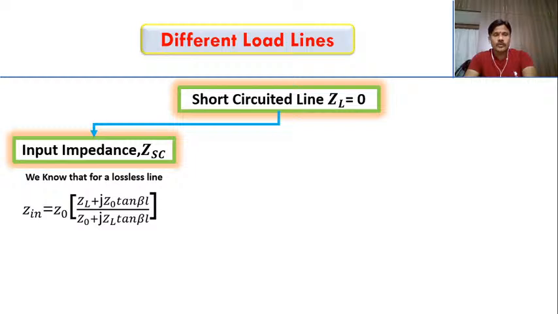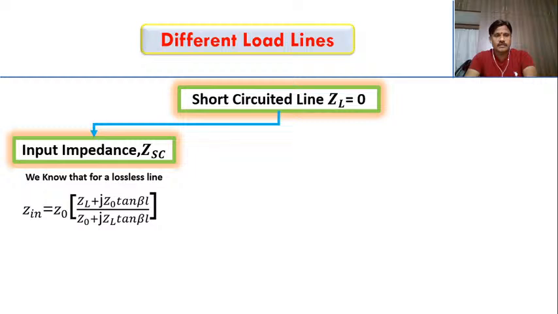Now in this expression of input impedance Zin, if the load is short circuited, that is ZL equals 0, what we have to do is simply substitute 0 wherever we have ZL.